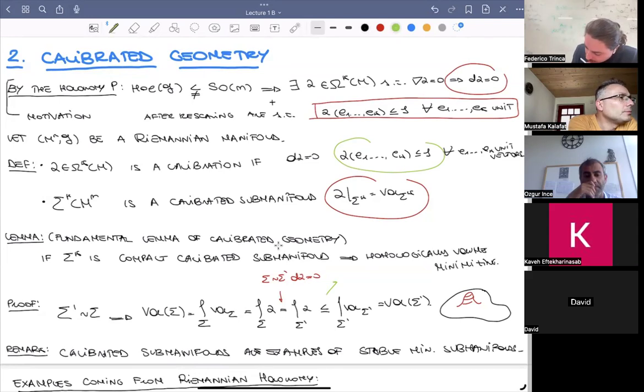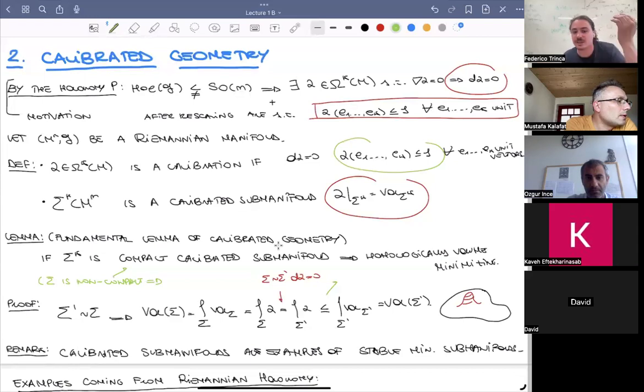In particular, this compactness condition can be weakened, and you can see that this is true if sigma is non-compact. We don't know that it's homologically volume minimizing, but it is locally volume minimizing.